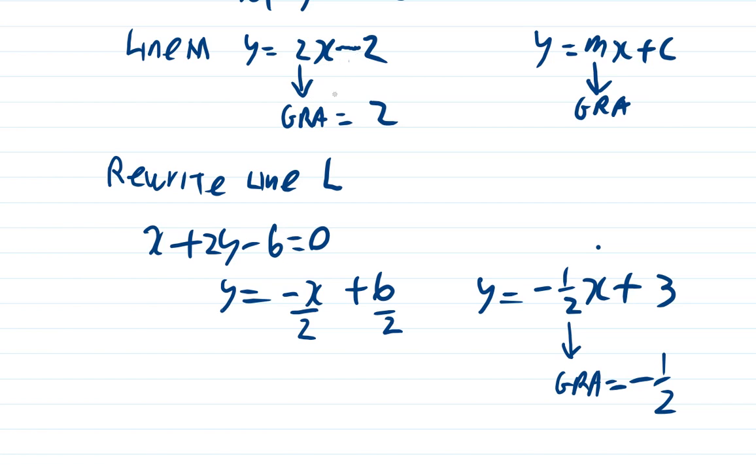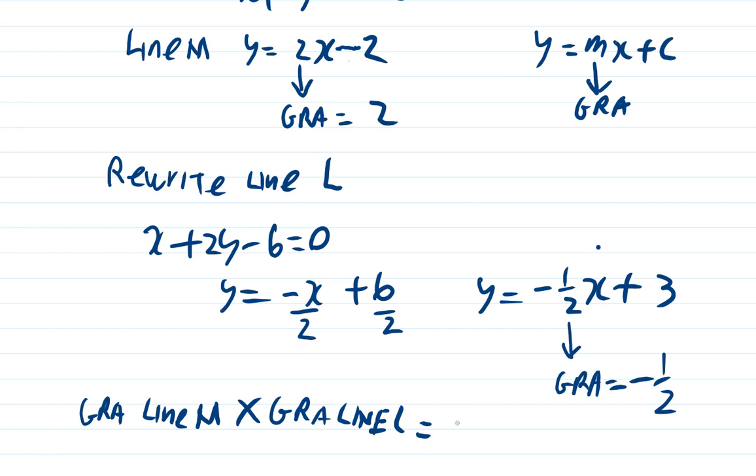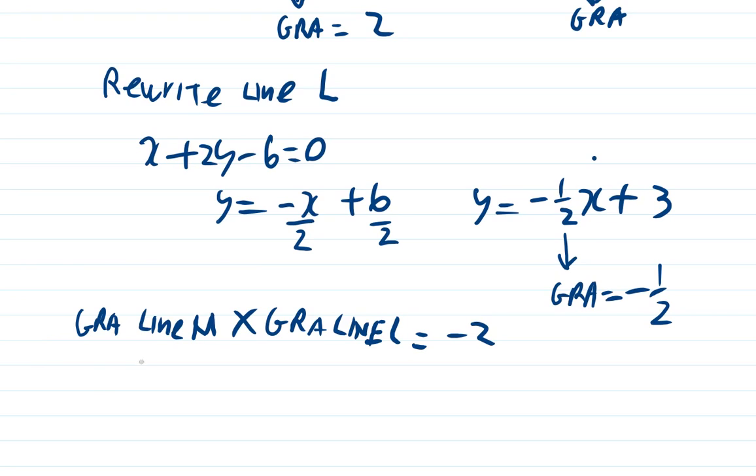So the gradient is 2 for line M. The gradient of line M is 2 multiplied by the gradient of line L. No, negative 1.